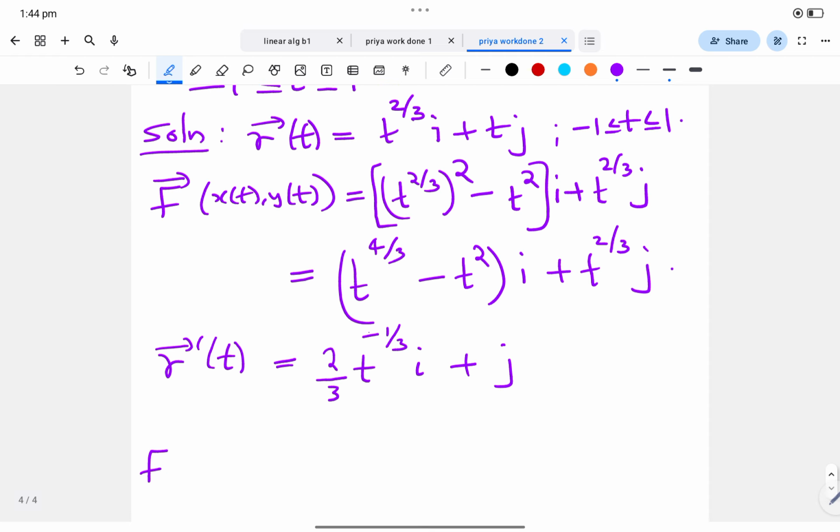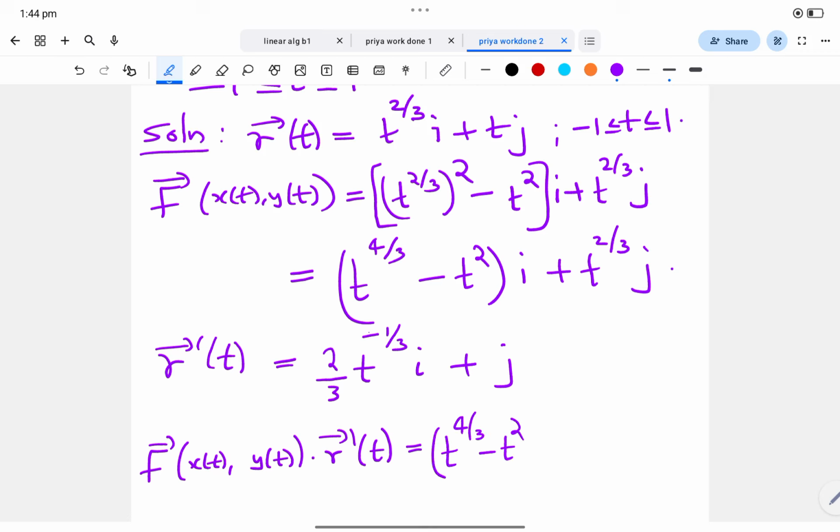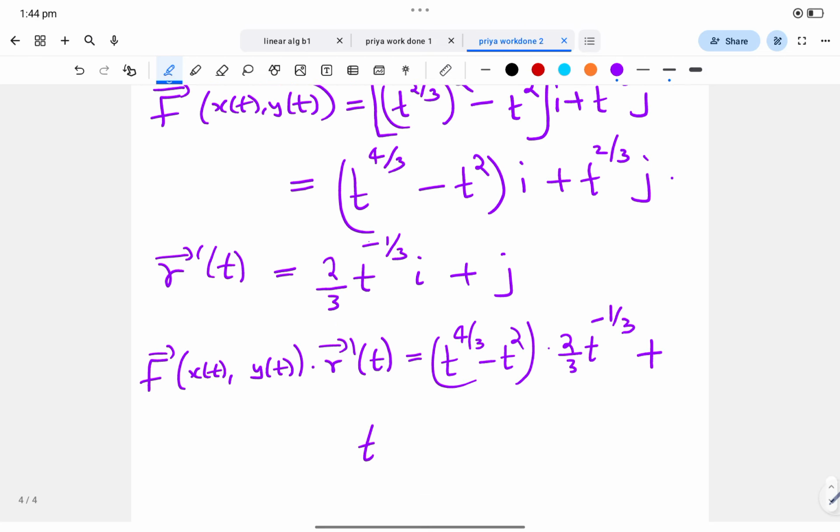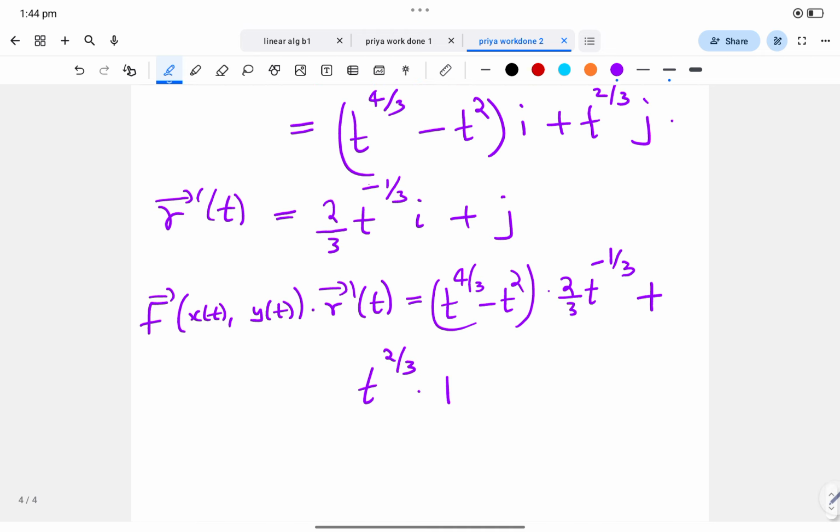Now taking the dot product, F · r'(t), multiplying the corresponding terms of i and j, we get (t^(4/3) − t²) multiplied by (2/3) t^(−1/3), plus the j component, t^(2/3) multiplied by 1. So this is F · r'(t).